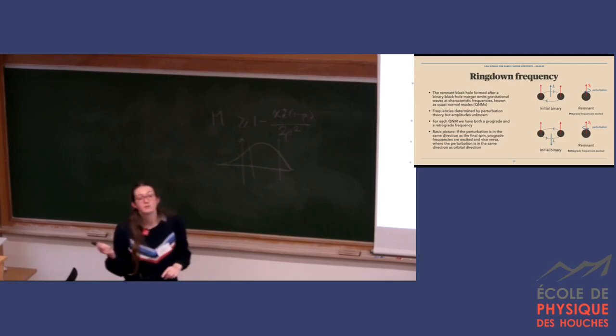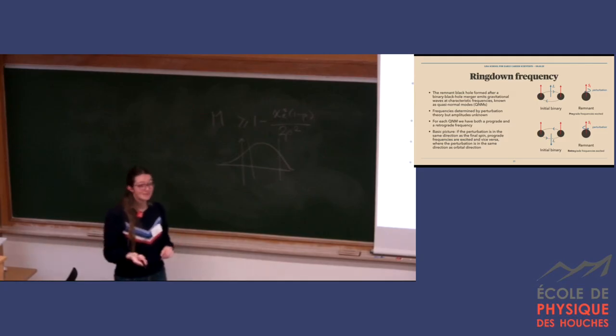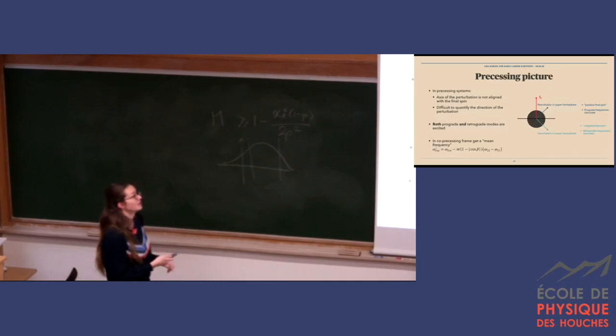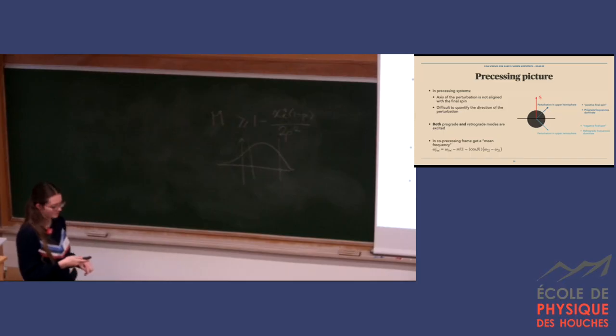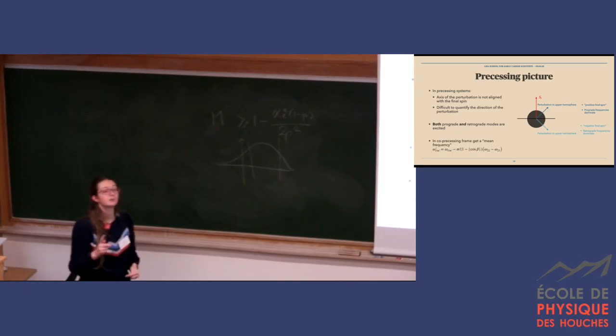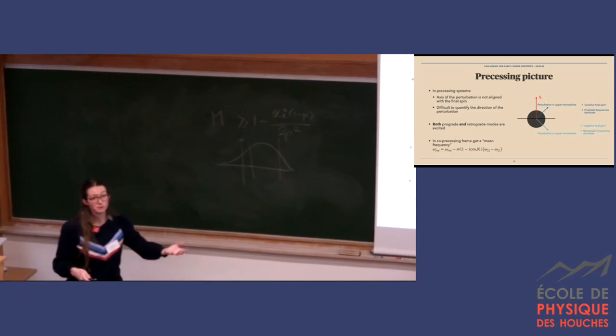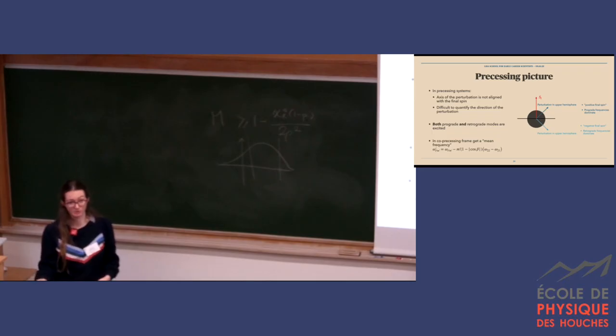Okay, but remember what I was saying before about a precessing system, which is that our perturbation is neither aligned nor anti-aligned with the direction of the final spin formed by the merger. And so we can have a perturbation at some sort of angle, might be in the upper hemisphere, might be in the lower hemisphere. What we really need to know from our waveform modeling point of view is at what point is the prograde mode dominant and at what point is the retrograde mode dominant.